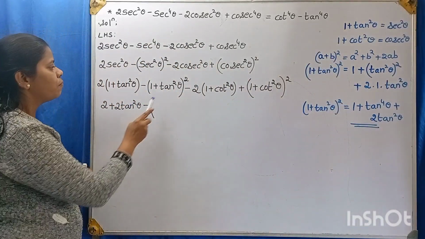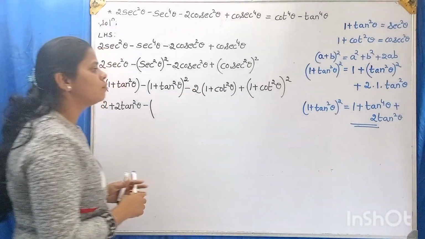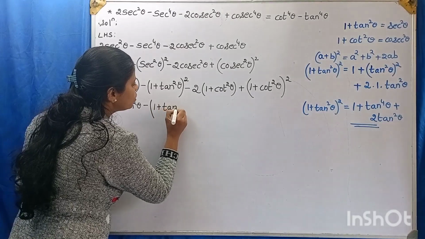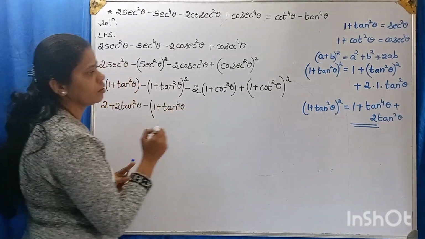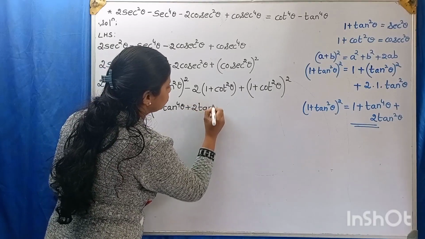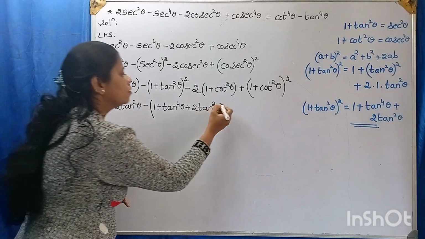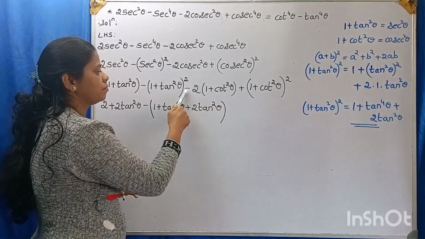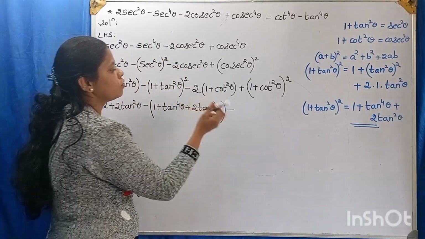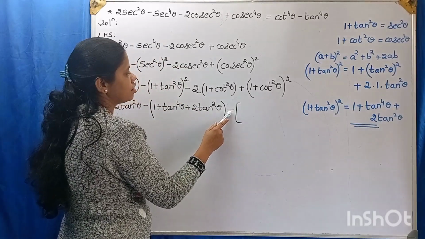Therefore, this (1 plus tan²θ) the whole square, I can write it as 1 plus tan⁴θ plus 2 tan²θ. Minus, say 2 into 1 is what? 2. Now let me take this in the bracket because here we have minus.